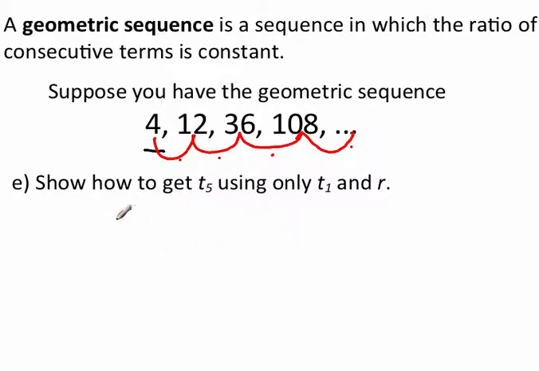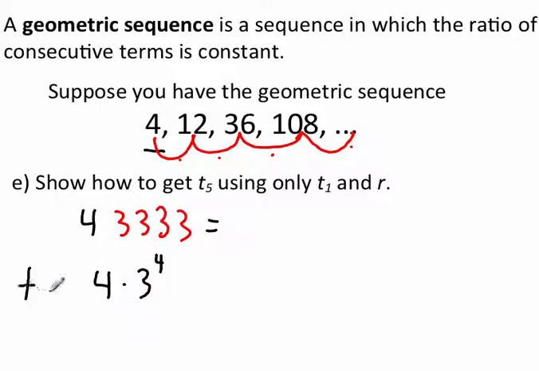So if we took our first term of 4 and multiplied it by 3, 4 times, what we're going to end up with is that next number. Now, we don't really like to write it that way, so we would really say this is 4 times 3 to the 4, and we could find our fifth term like so, which becomes 4 times 81, which is 324.